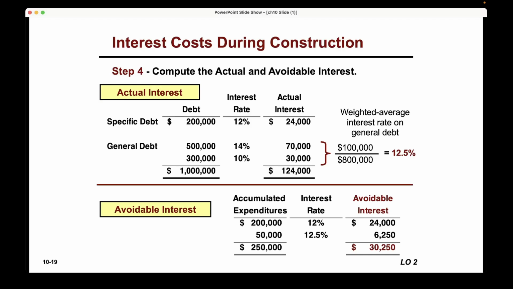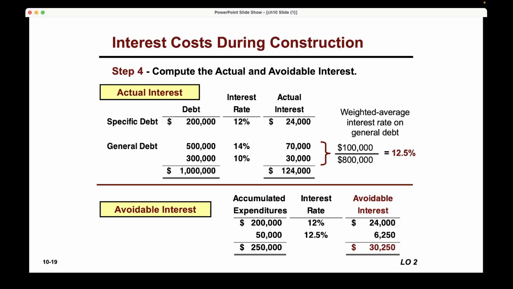Okay, I hope you can follow this explanation very carefully. In this example, the avoidable interest is 30,250, and you can see from this slide the actual interest is 124,000, while the avoidable interest is 30,250, because we need to take the lesser between those two.